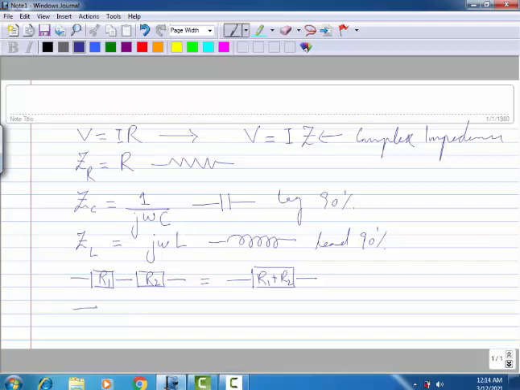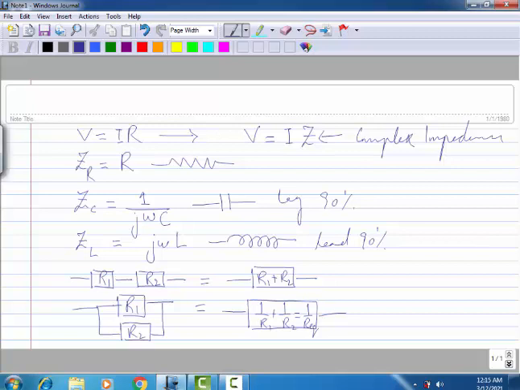But if the resistors are connected in parallel, your equivalent is 1 over R1 plus 1 over R2 equals 1 over R equivalent. This is the representation when they are in parallel.